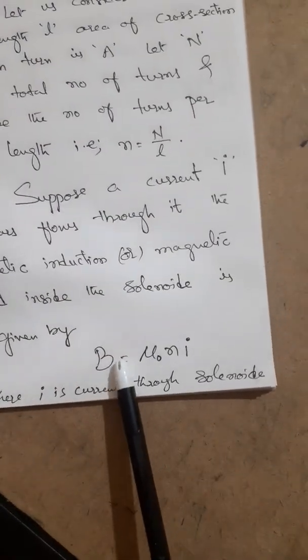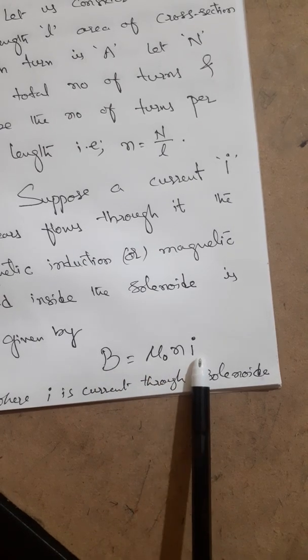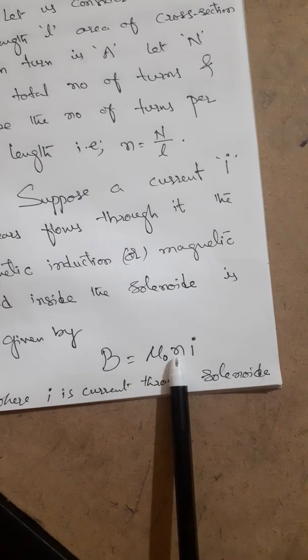So that magnetic field can be written as B is equal to mu naught n I, where I is the current flowing through it, and small letter n is the number of turns per unit length.